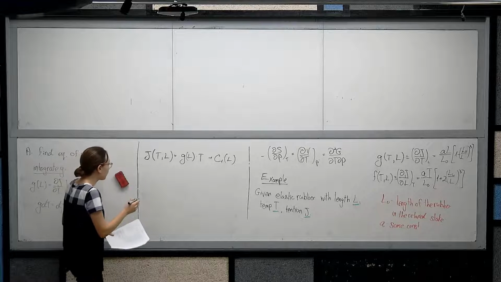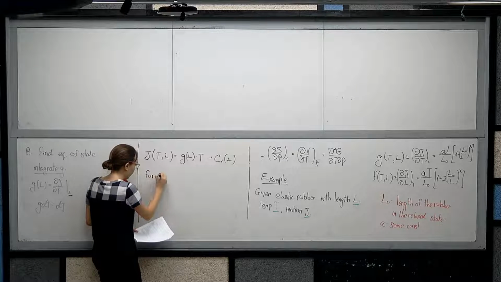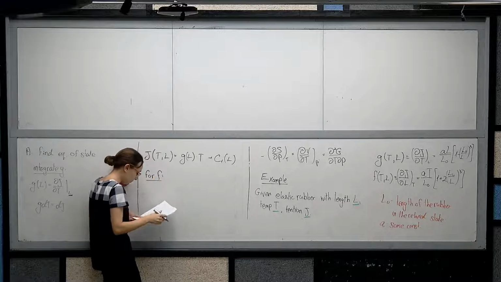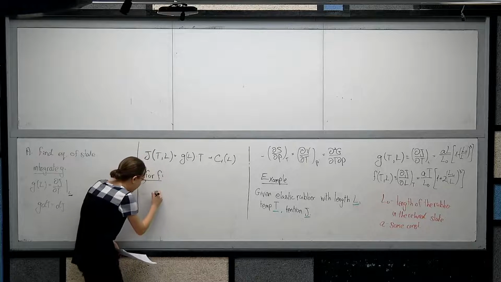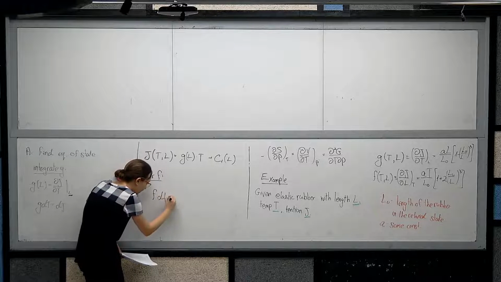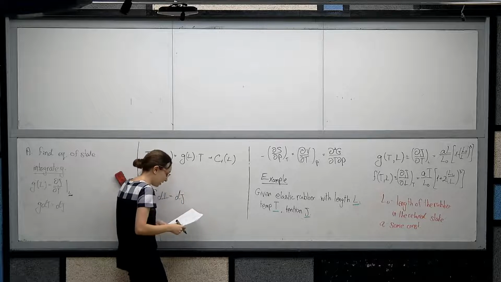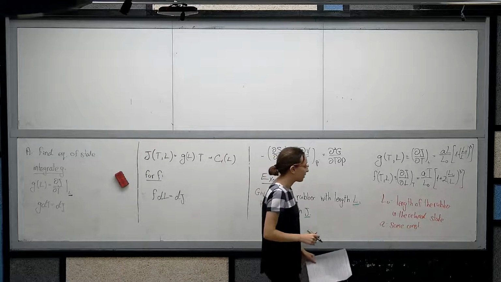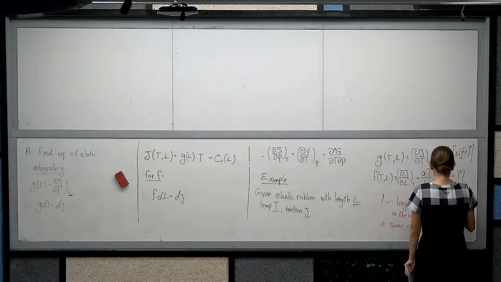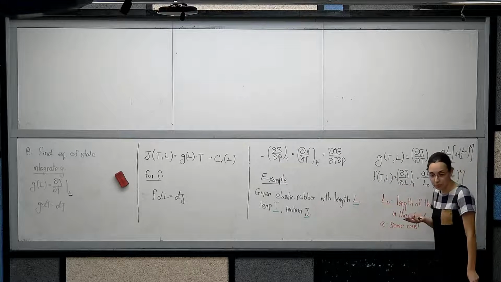So that's one function of J. Now let's do it for F. Again, we have F dL equals dJ. Here the integration is a bit more complex, but we can do it.